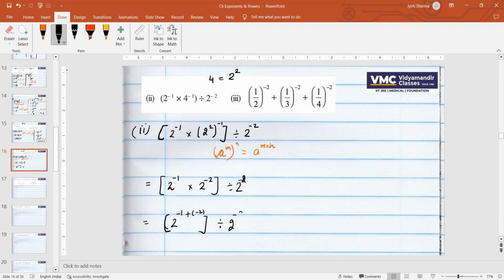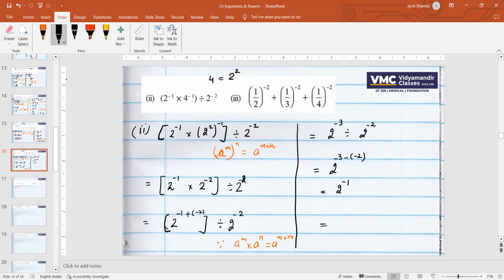divided by 2 to the power minus 2. Here a law has been applied. Powers will be added as the bases are same and getting multiplied. This will become same base, 2 to the power minus 3 divided by 2 to the power minus 2. 2 to the power minus 3 minus minus 2, which will become 2 to the power minus 1.